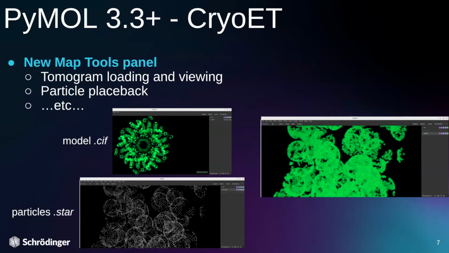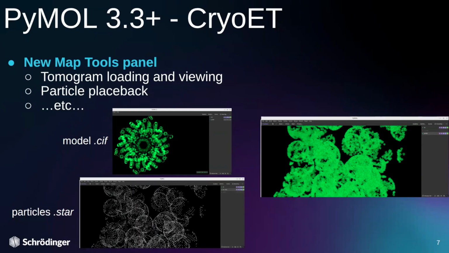Particle placeback is something that will also be provided in 3.3 in an experimental form. So what this would look like is if you're using something like Relion 5, you can generate a particle.star file. And if you have some sort of model file, you can map this model onto different particles across space.